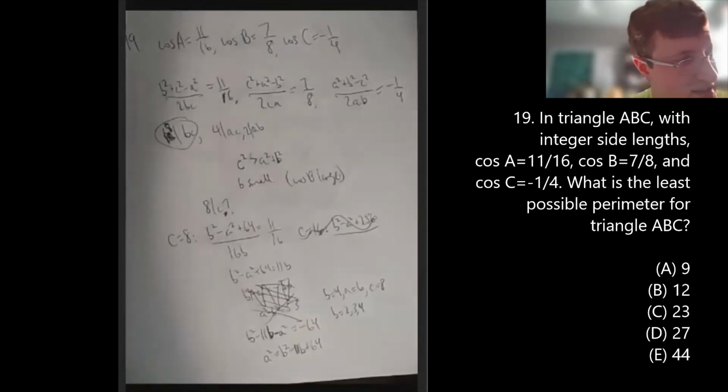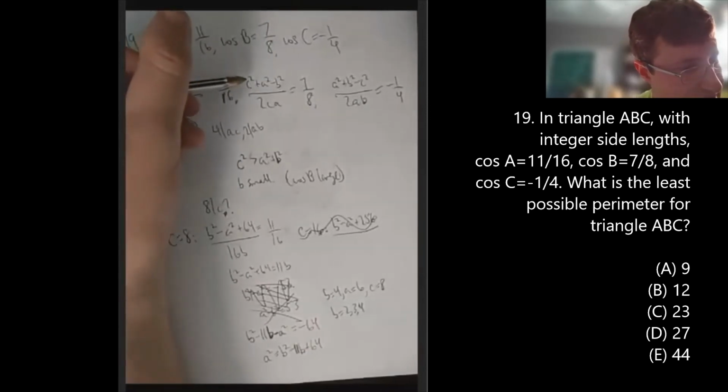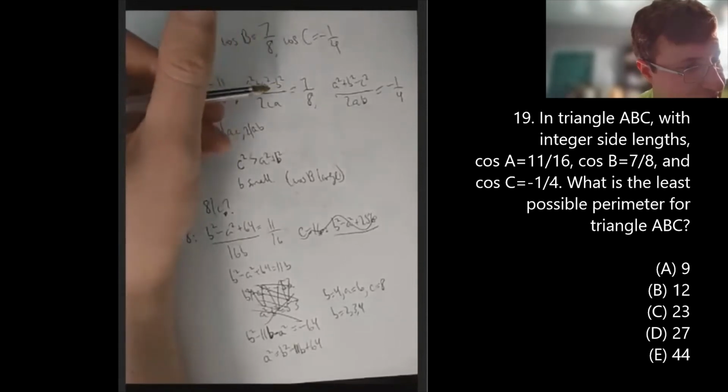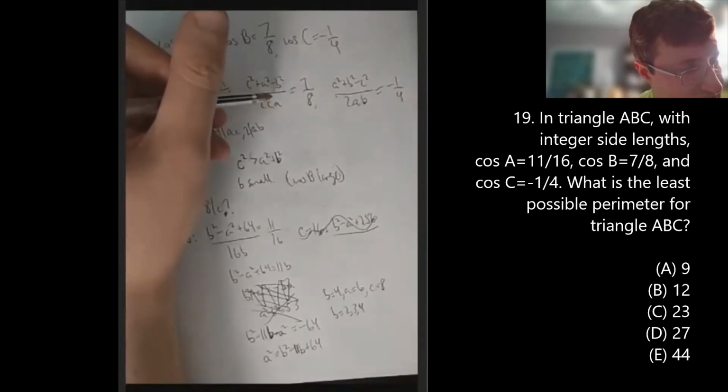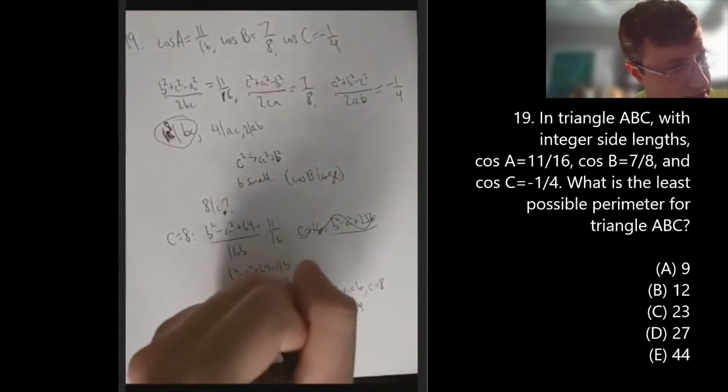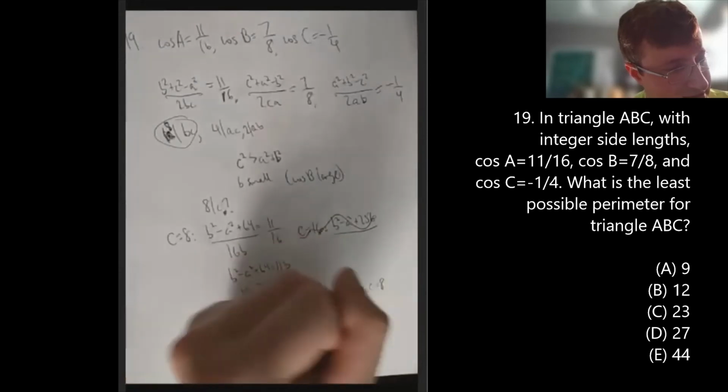Maybe that works. 2 squared plus 4 squared is 20. Minus 3 squared is 11. And that's 16. C squared plus A squared is 25. Minus 4, that's 21. Wait, let me write this in the right order.